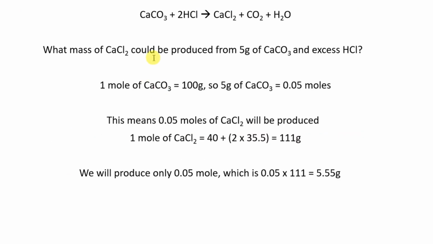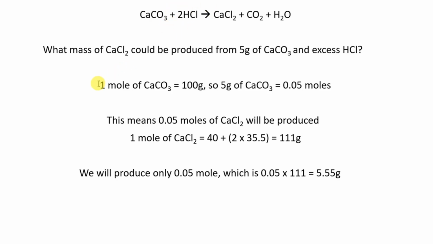Finally, another equation, CaCO3 plus 2HCl gives me the products. Question: what mass of CaCl2 could be produced from 5 grams of CaCO3 and excess HCl? Instantly, I'm not worried about the HCl. I don't care that my coefficient is 2.